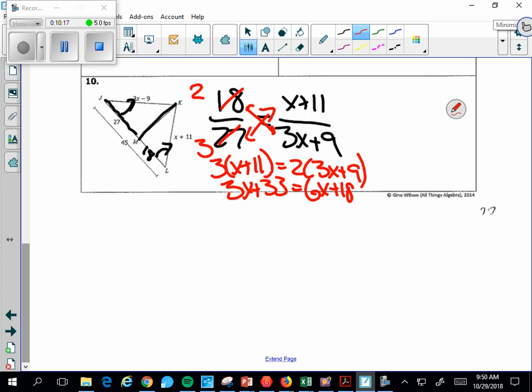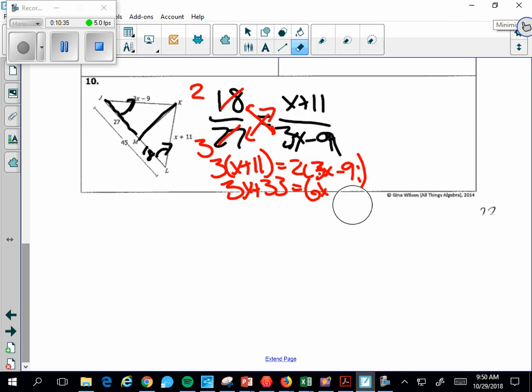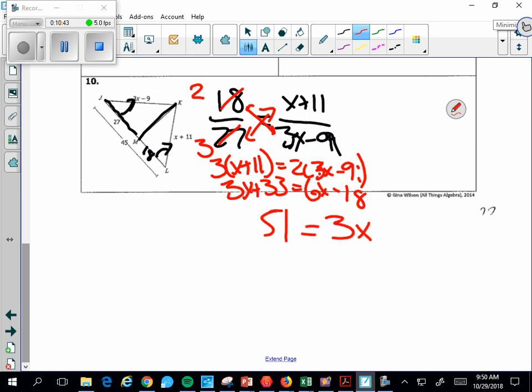Oops, I think I did something wrong somewhere here. Yep, that should be a minus. 3x minus 9. And then this is a 3x minus 9. So then this becomes 6x minus 18. So then when I do that, I'm going to get 51 equals 3x, and x equals 17.